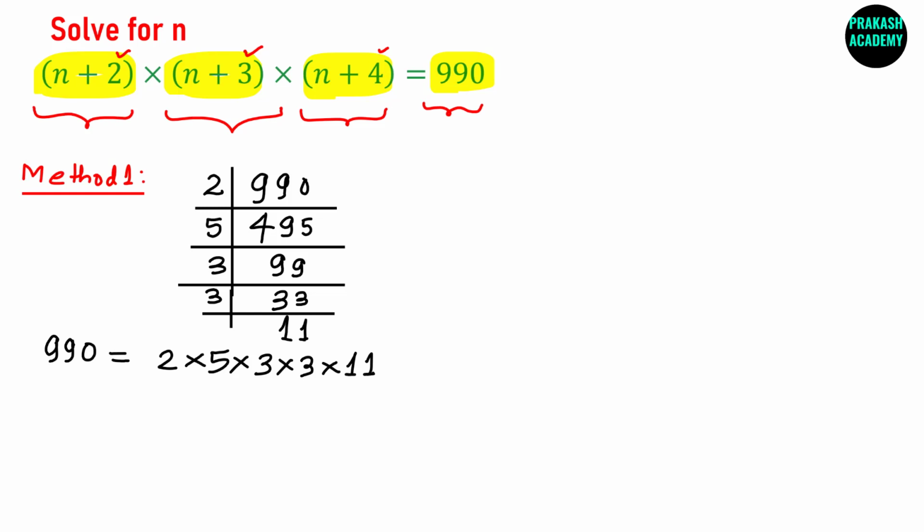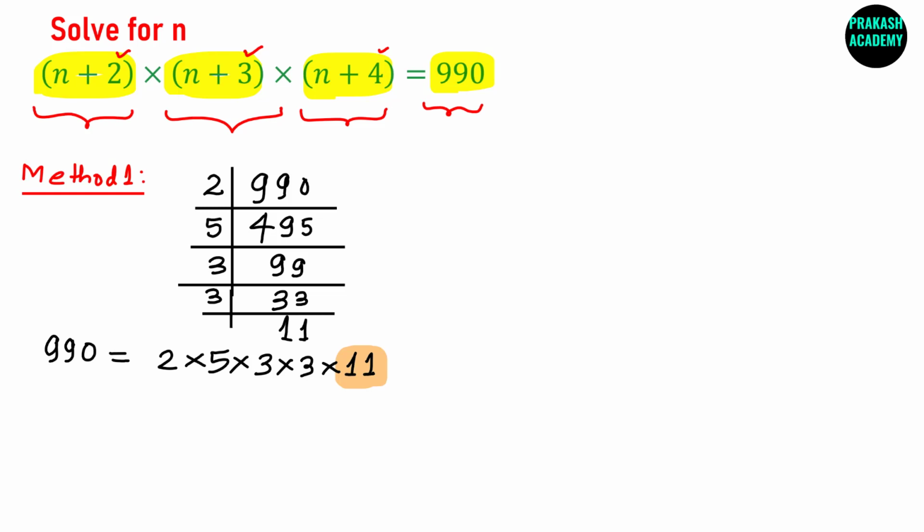Now we have to look for three consecutive numbers in this case. Now see, 11 is a prime number, so I am sure that among the three consecutive numbers, 11 will be there. So the next number will be either 12 or 10 because we have three consecutive numbers. I cannot get 12. If you try to multiply, you will never get 12. Now 10 we can get.